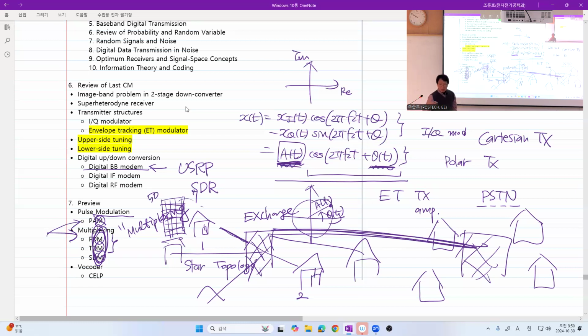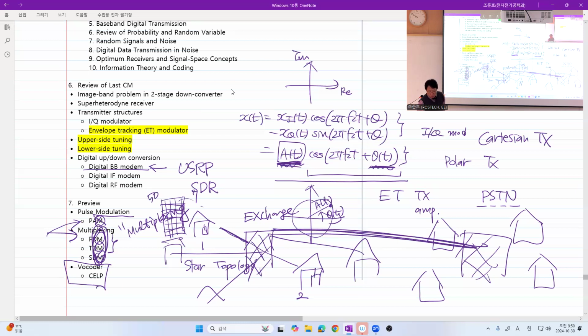We will also study some modulation schemes like pulse amplitude modulation, pulse width modulation, pulse position modulation, but except for pulse amplitude modulation, all the other modulation schemes are nonlinear modulation schemes. So detailed discussion will be deferred until the end of chapter 4. Got it? And also, if we have time today, I'm going to talk about the vocoder.